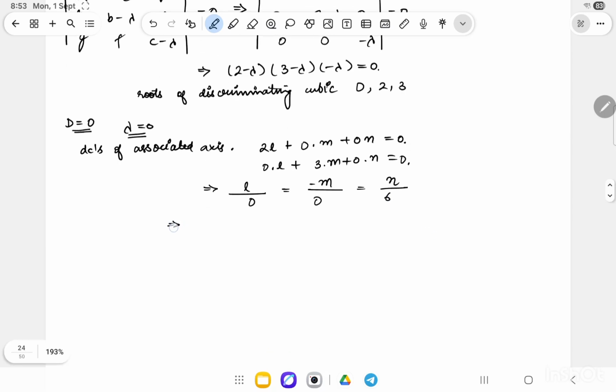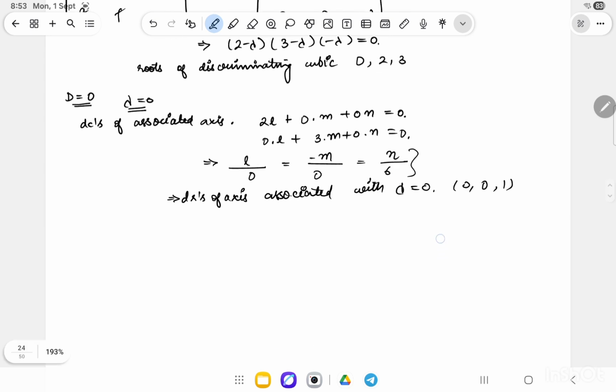So my direction ratios of the axis associated with lambda equals 0 are 0, 0, 6. I can divide throughout by 6 and this reduces to 0, 0, 1.